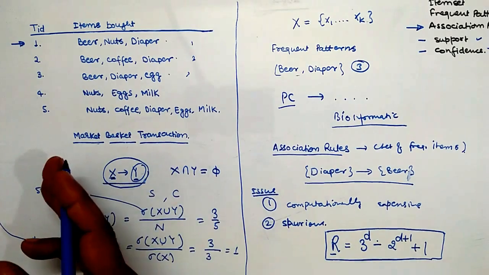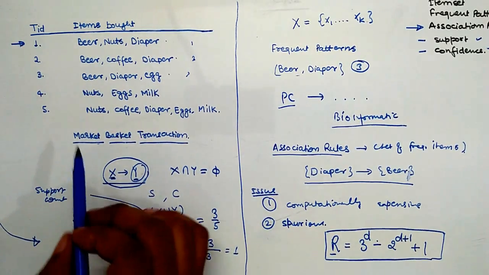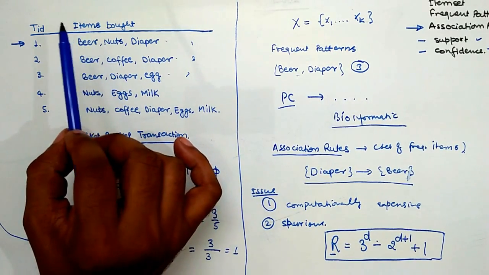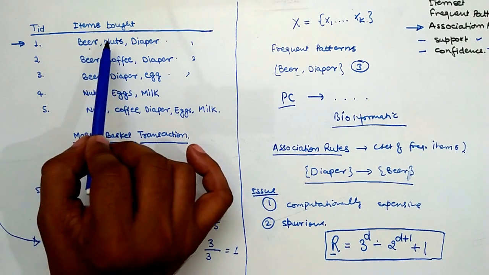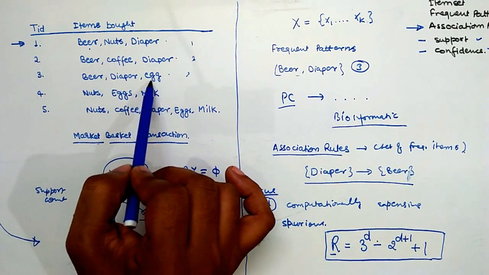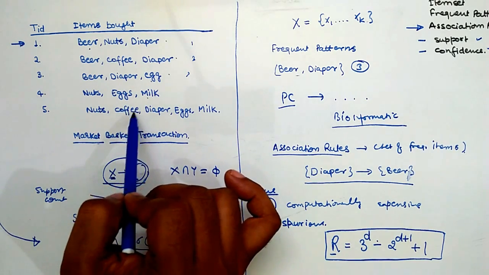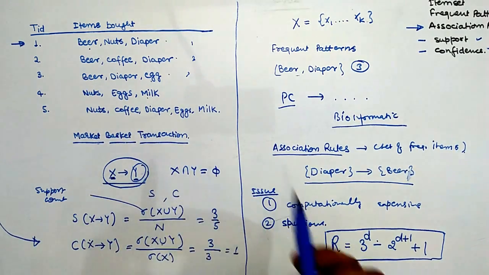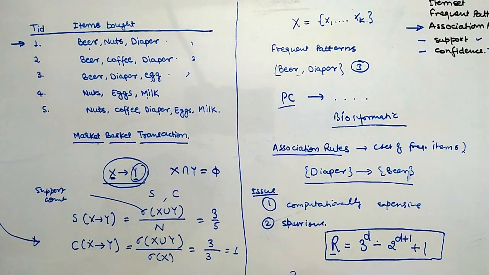In this example, how many items are there? 1, 2, 3, 4, 5 and 6. Yes, there are 6 items in this example. So we can write here 3 to the power 6 minus 2 to the power 7 plus 1, which is 602 rules. So these many rules are generated from this small transactional database.